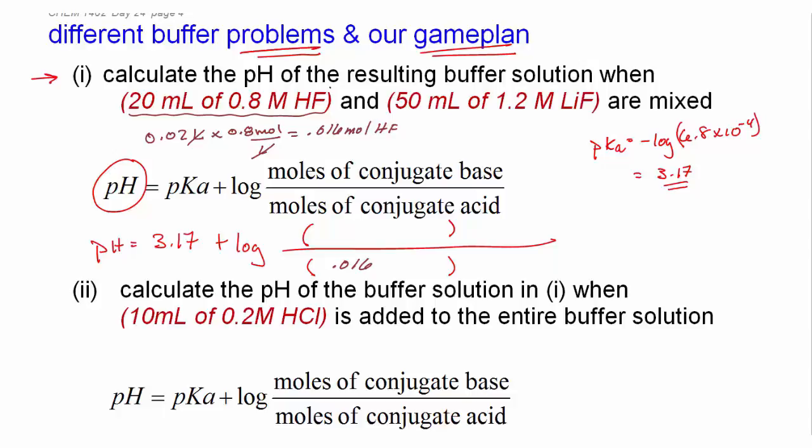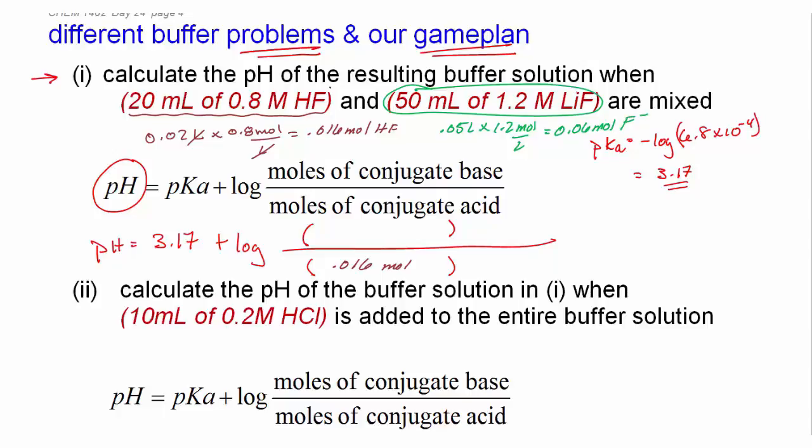The conjugate base, same idea. I'll have 0.05 liters times 1.2 moles per liter. 0.05 times 1.2 is 0.06 moles of fluoride.